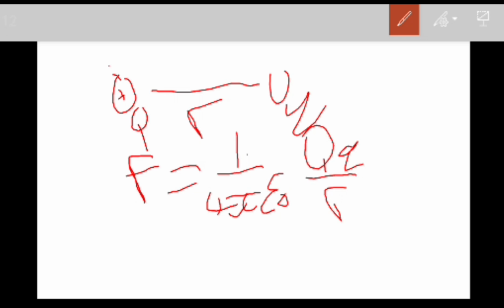This is the formula from Coulomb's law, and this is how you find force. Certain questions are not going to give you the force, but if you have been given the distance and the two charges, it's easy for you to find the force.